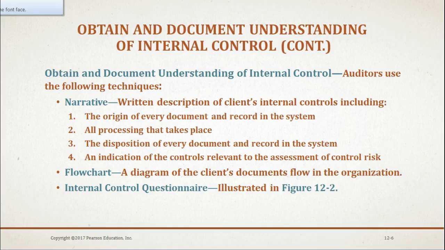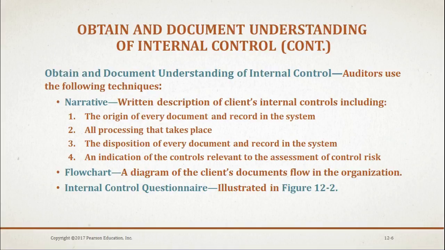The first process for understanding internal control and assessing control risks is obtaining and documenting an understanding of internal control. The auditors use different types of procedures to obtain an understanding of internal controls.